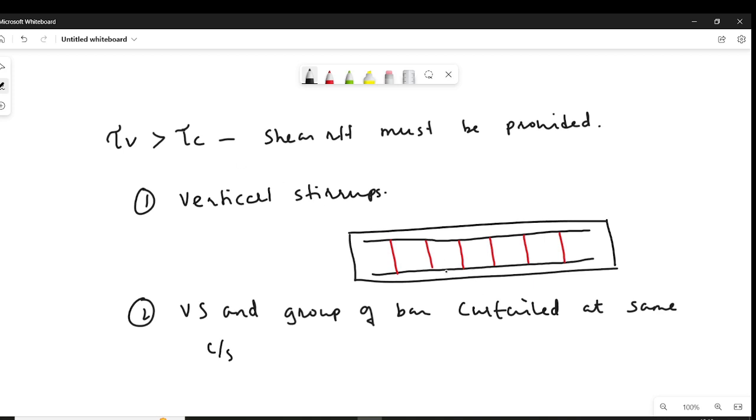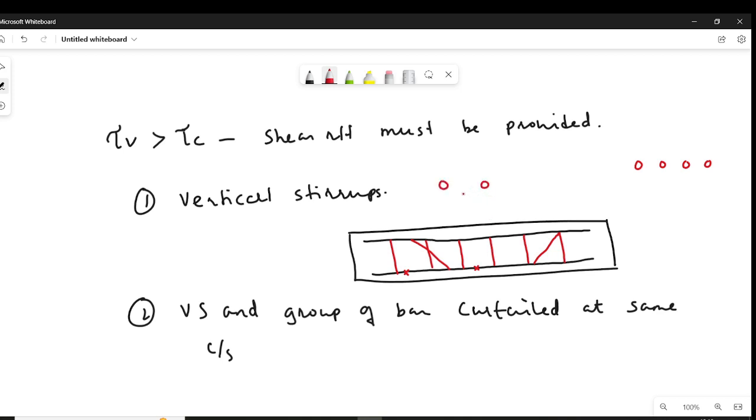Let us say that you have four bars at the bottom, and you are taking two bars from the bottom to the top at some cross section. You are curtailing the bars. So at this point you have four bars at the bottom, and at this point you have only two bars at the bottom.